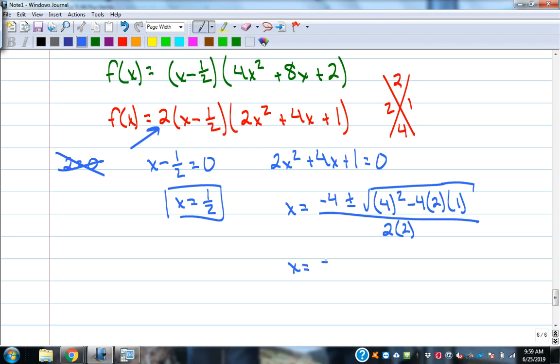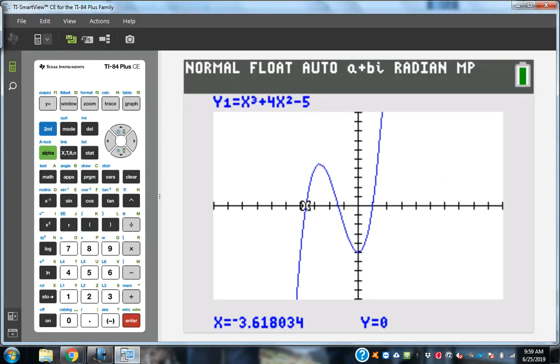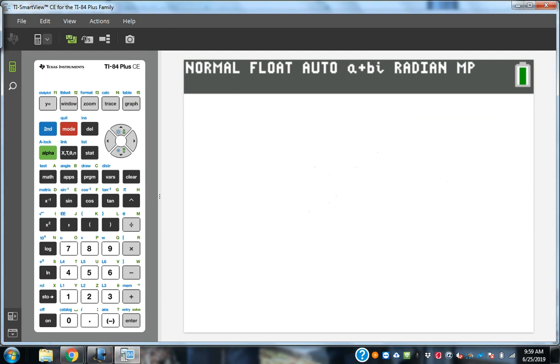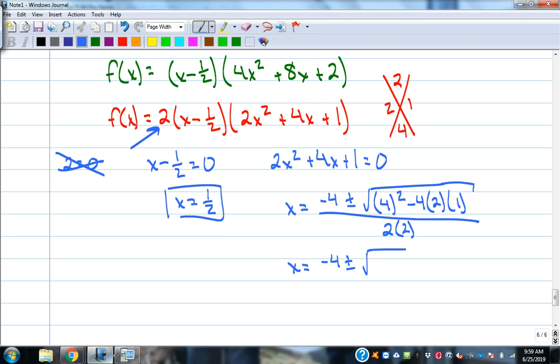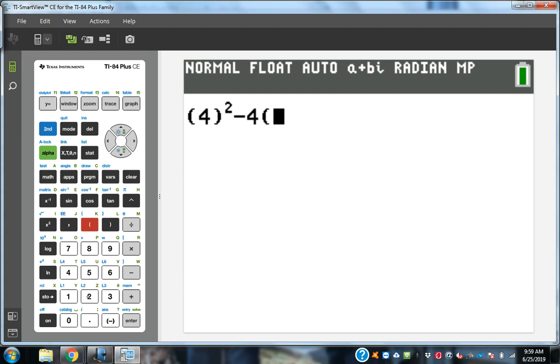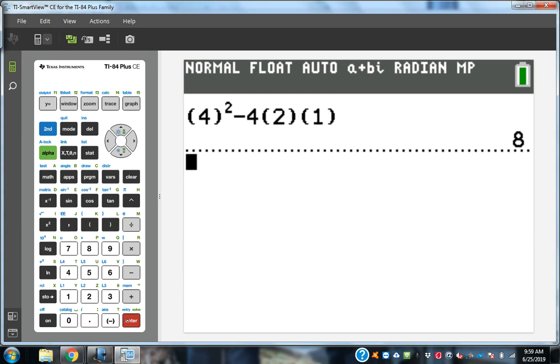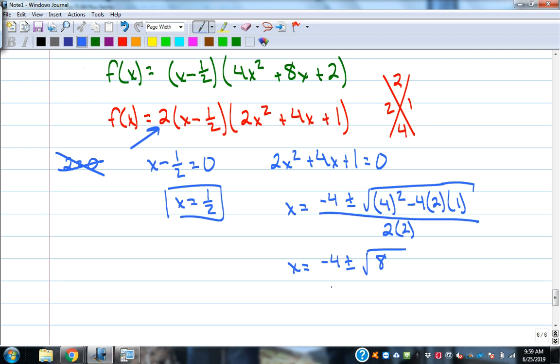So we have negative 4 plus or minus, and let's find out what's underneath that square root. So I'm going to work out the discriminant here. 4 squared minus 4 times 2 times 1. My discriminant is the number 8.